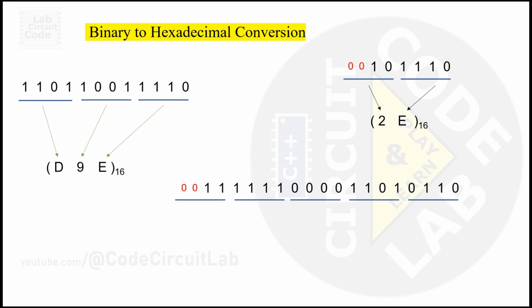The first group is a 6, the second group is a D, the third group is 0, the fourth group is F, and the fifth group is 3. So the number is 3F0D6 in hexadecimal.